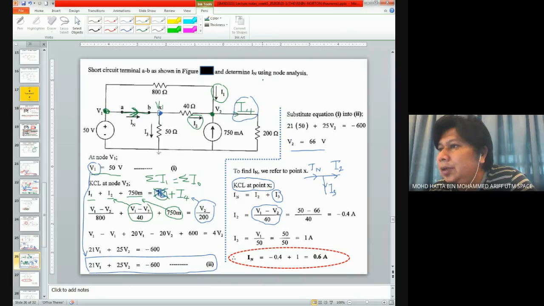I2 is given by V1 minus V2 divided by 40. This equals IN, plus, for I3, V1 divided by 50.